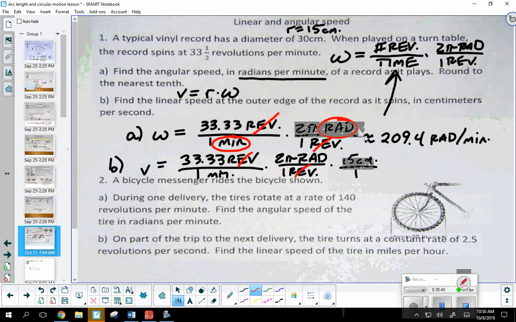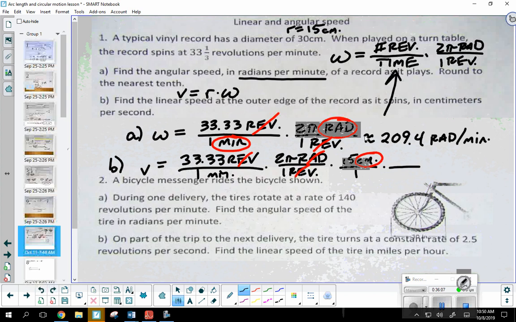Now, as soon as you introduce a unit of length, you no longer are worried about the radians, because you've given it something to measure. So the radians can disappear. This is now going to be in centimeters per what? Centimeters per minute. Is that what the question wanted? It wanted centimeters per second. So I do have to go ahead and add on another ratio here.